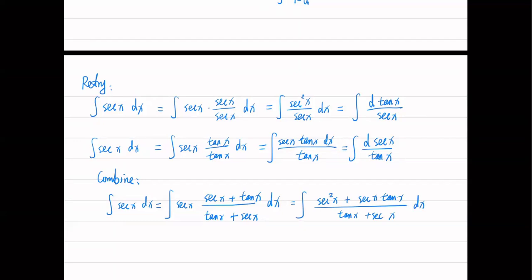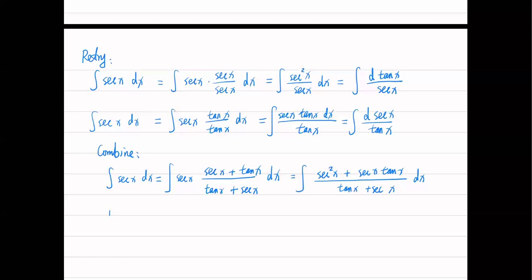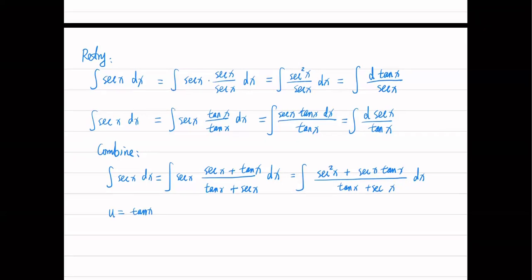Okay, now let's think about this. What substitution should we use? This time, this whole thing will be our u. Okay, u is tangent x. Okay, Sophia, what's du?